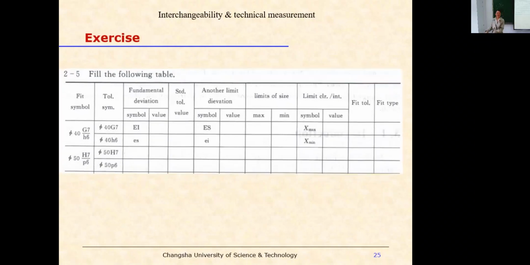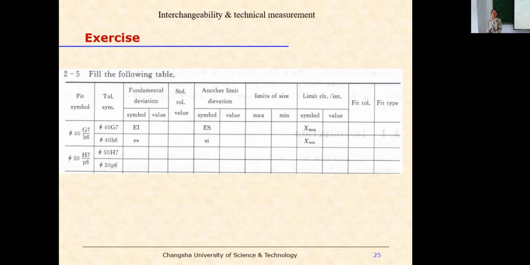The homework is on page 53, exercise 2 and 5, and then draw the tolerance zone diagram.